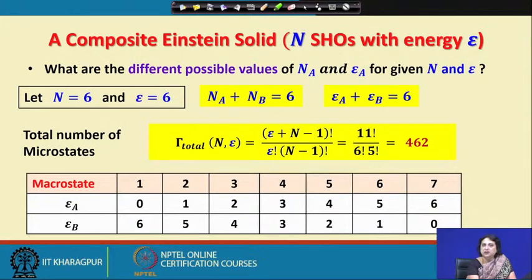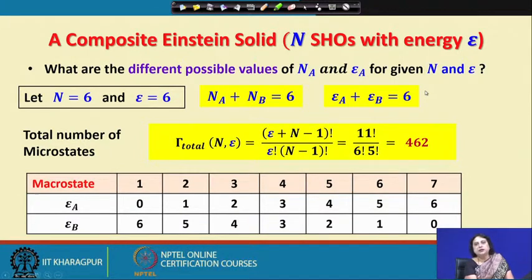Because of the introduction of the subsystems A and B, now I have different macrostates possible corresponding to each subsystem. Since epsilon A plus epsilon B is always a constant, I can vary only one variable like epsilon A from a minimum permissible value to a maximum permissible value, and the values of epsilon B will automatically be defined in accordance with this equation.